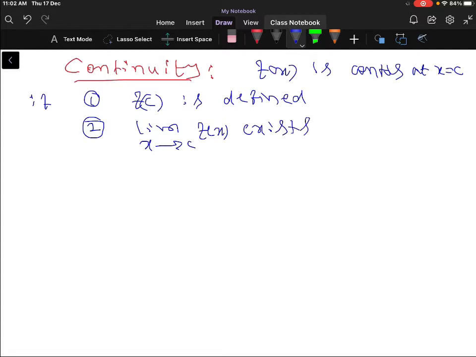It means the left hand limit of the function f of x and the right hand limit of the function f of x when x approaches c must be the same. It means limit as x tends to c minus of f of x is the same as limit as x tends to c plus of f of x.